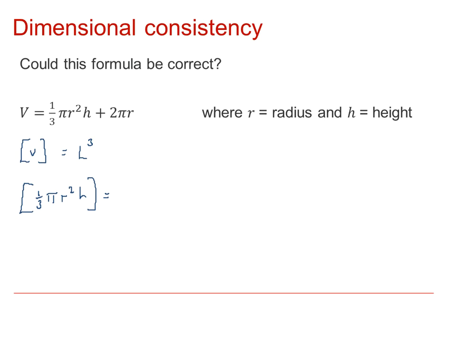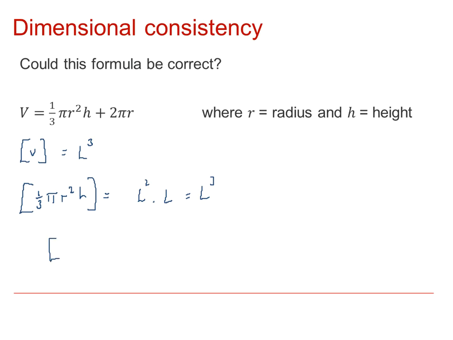So we've got r squared, that's a radius squared, so length squared, and h is a length, so that's length multiplied by length, in other words L cubed. So yes, that has the same dimensions as volume.